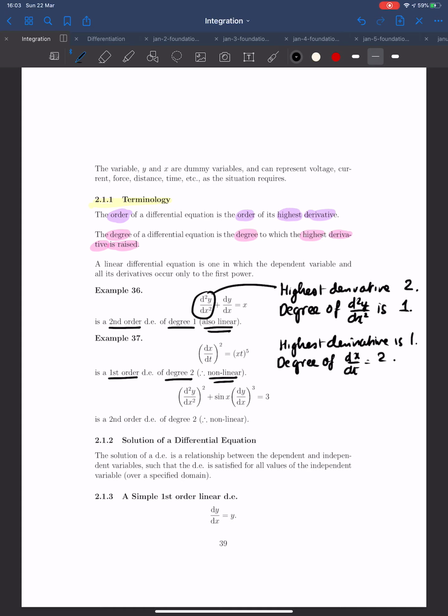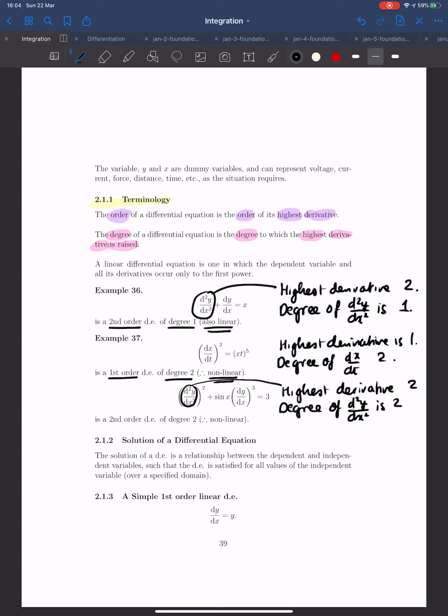Right, next one, the highest derivative is 2, because we've got d2y by dx squared, so that's for that bit in there. And the degree of the d2y by dx squared is also 2.